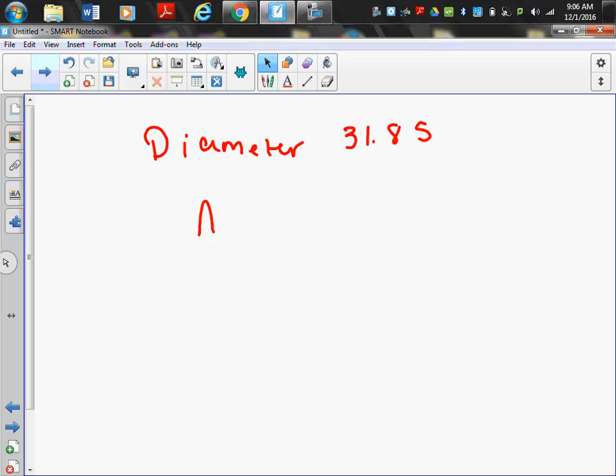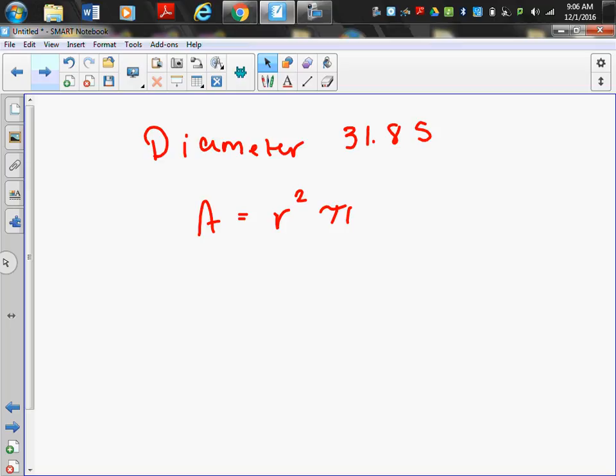I know area equals radius squared times pi, but I don't have my radius. I have my diameter number. How am I going to get my radius? Divide what by 2? Divide the diameter by 2.